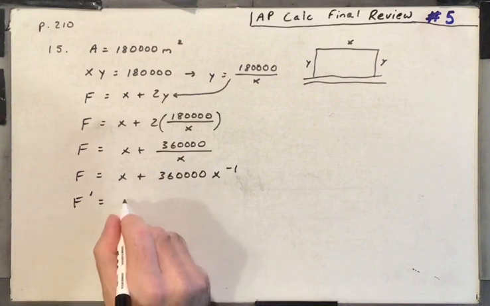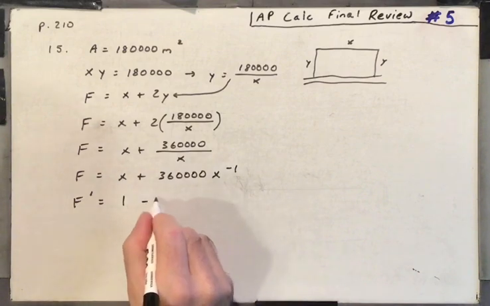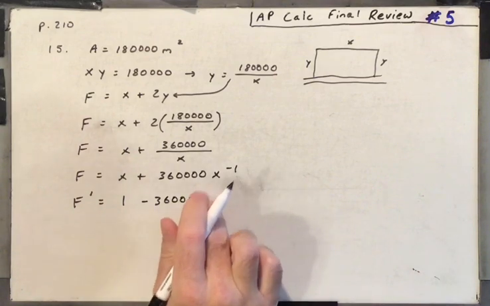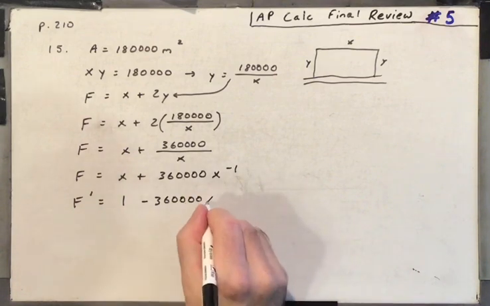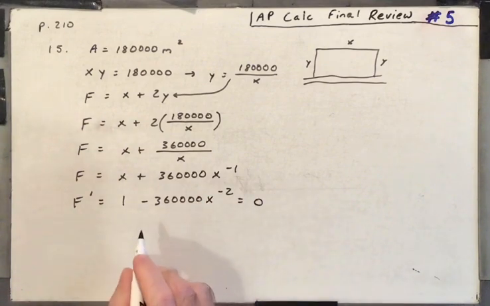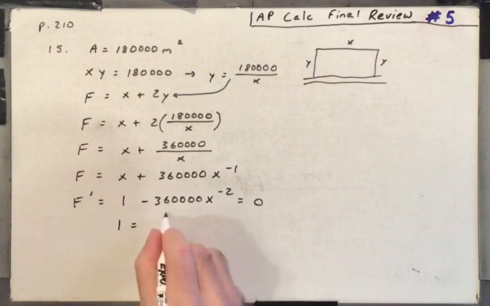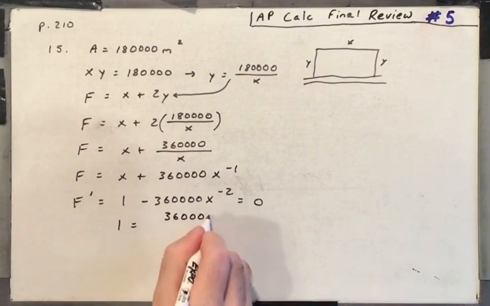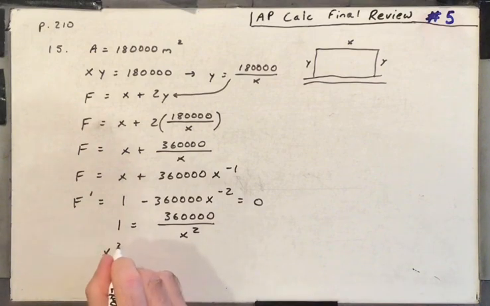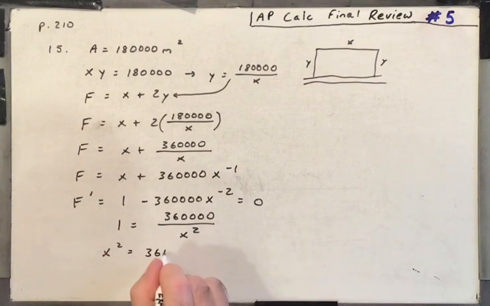So F prime is 1 minus 360,000x to the minus 2. We're going to set that equal to 0. So 1 is equal to 360,000 over x squared. So x squared is equal to 360,000.